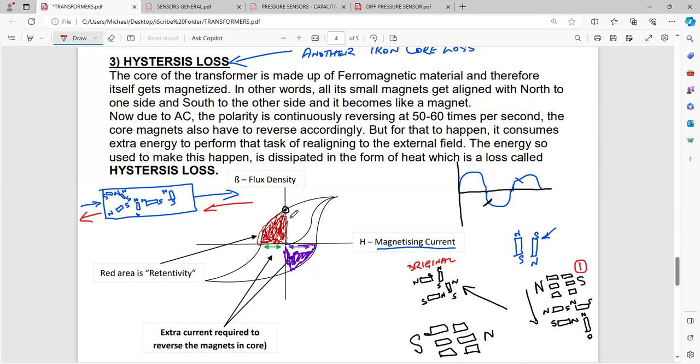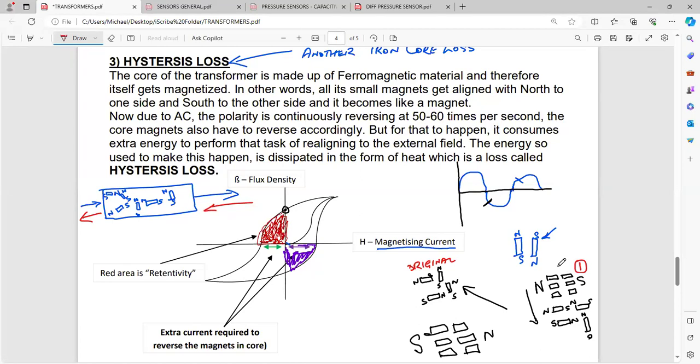So you are going to retain some amount of magnetism in this direction. And if you remember what I said yesterday, that is what we call residual magnetism. You are retaining the magnetism in this particular direction, not a full magnetism, but partial magnetism. And that is what is called residual magnetism.